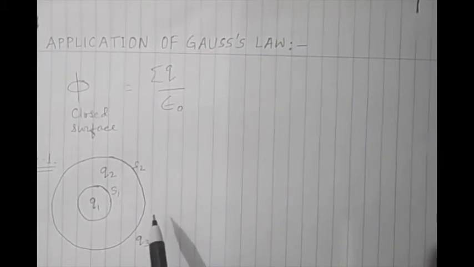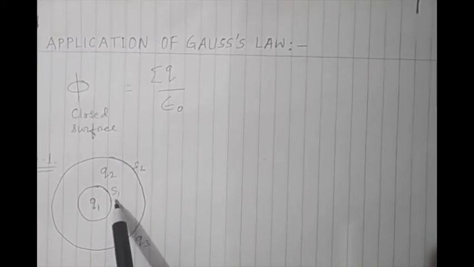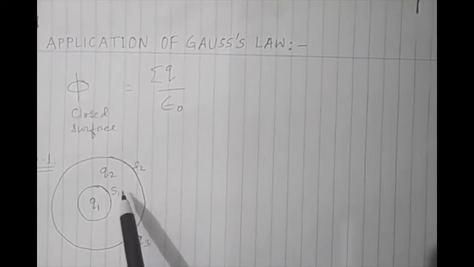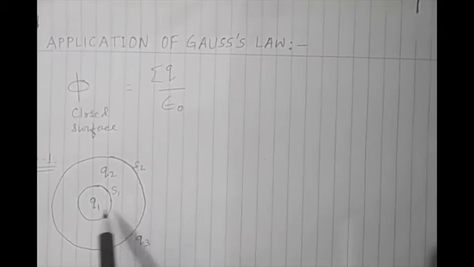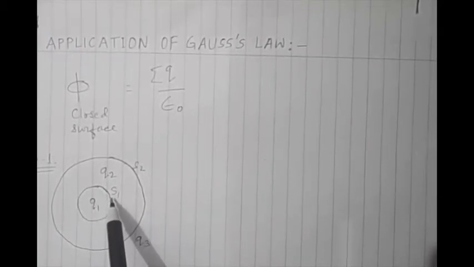Suppose we have to find the electric flux through the surface S1. You can see that the charges Q2 and Q3 are outside the surface S1. Only the Q1 charge is inside the sphere S1.